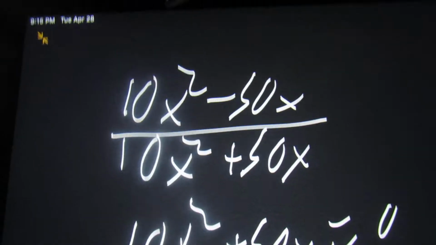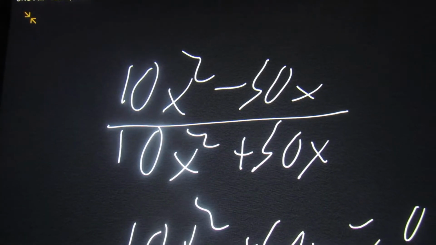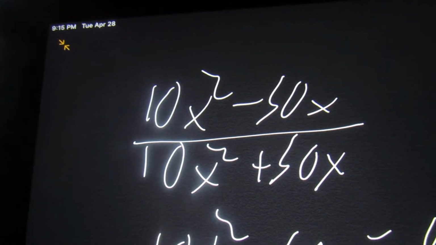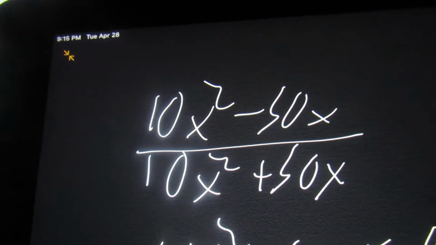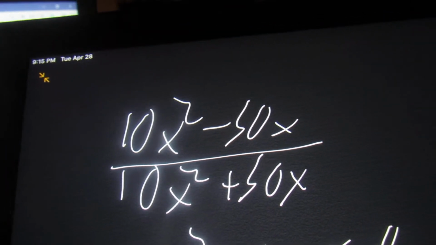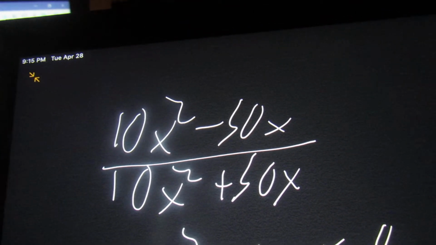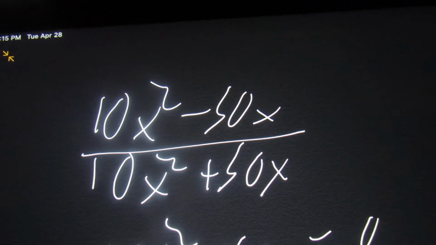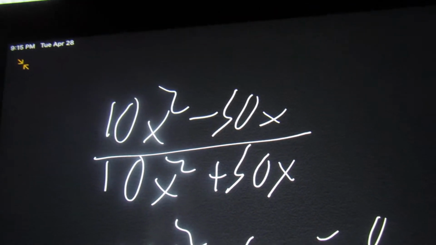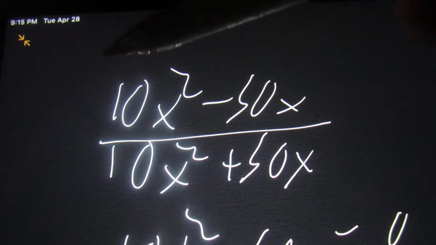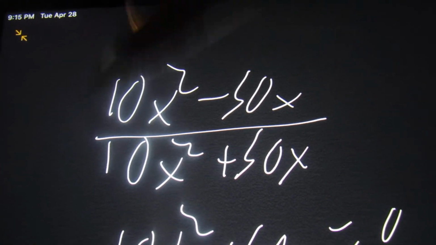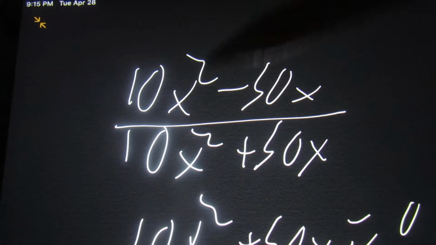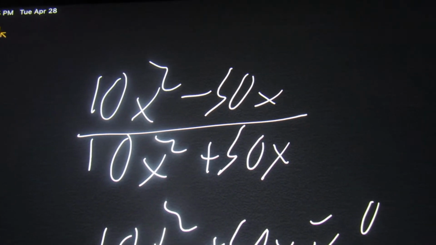Now to simplify, what we have to do is factor both the numerator and the denominator and then cancel out what we can. That's what we're going to do on all of these. We're going to factor first and then simplify. Remember that. Always factor completely first. Don't just simplify something. Like here, you see that there are 10s. Don't simplify the 10s. Don't simplify the 50s. Don't simplify the x squareds. And don't simplify the x's.